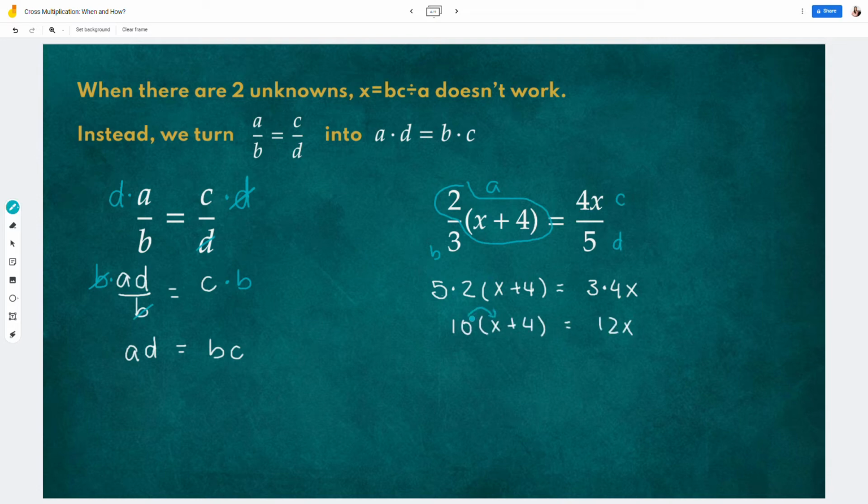Remember to distribute that 10 into the x and the 4. We need to get all the x's on the same side of the equal sign, so I'm going to subtract 10x from both sides. Finally, x is being multiplied by 2, so I'm going to divide 2 on both sides.